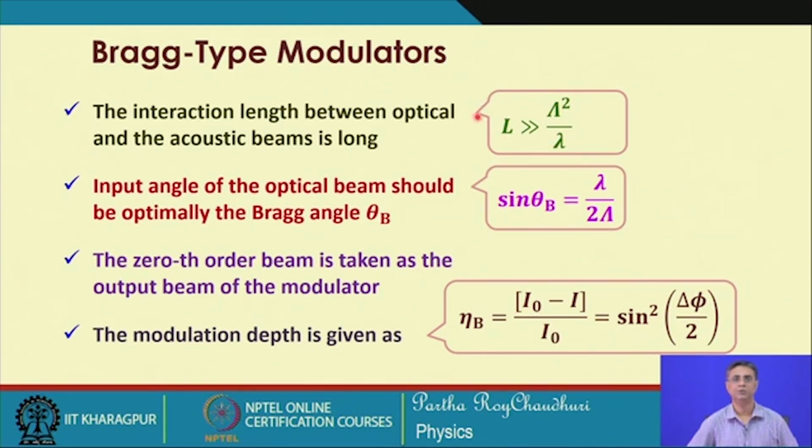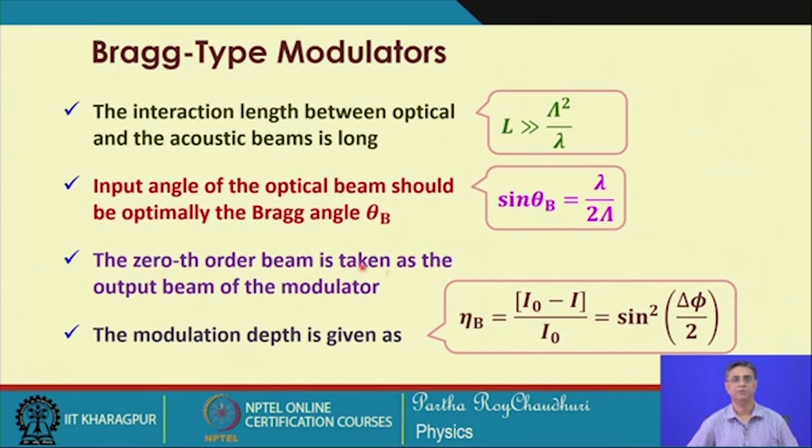The interaction length between the optical and the acoustic beam will be long, so that it does see a volume grating instead of a thin phase grating, which was the case of the Raman-Nath type diffraction. And the input angle of the optical beam must satisfy the Bragg condition optimally, that is sin theta b equals lambda by twice capital Lambda, which is the period of the acoustic wave.